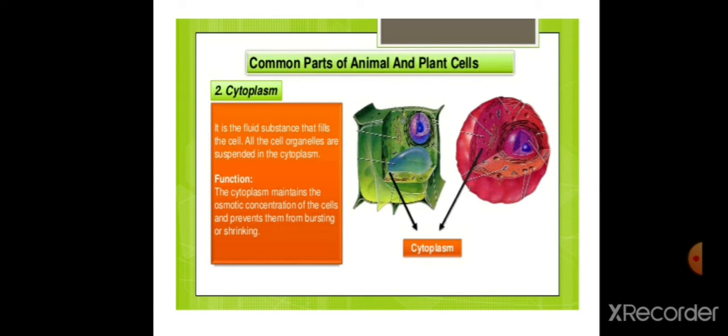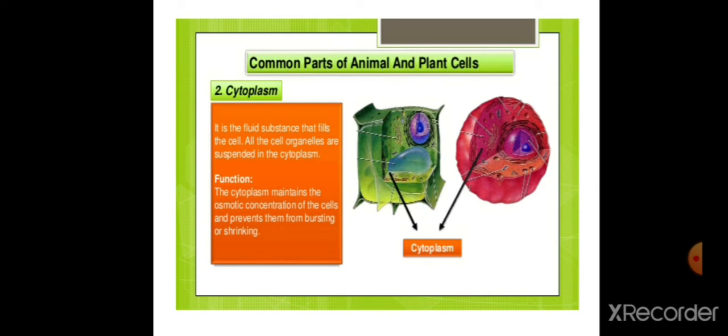So that balance, the cell should have a proper balance so that it should neither burst nor shrink. That balance is maintained by this cytoplasm. It is nothing but a fluid substance that is there in the cell, and all the cell organelles are suspended in the cytoplasm.